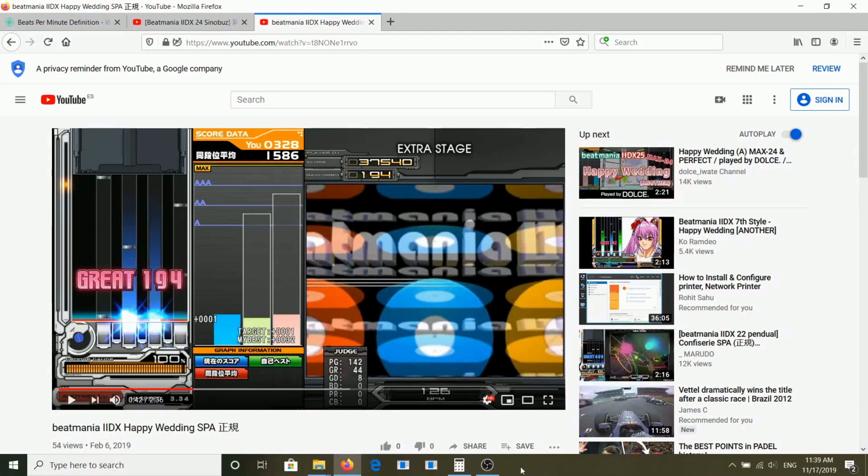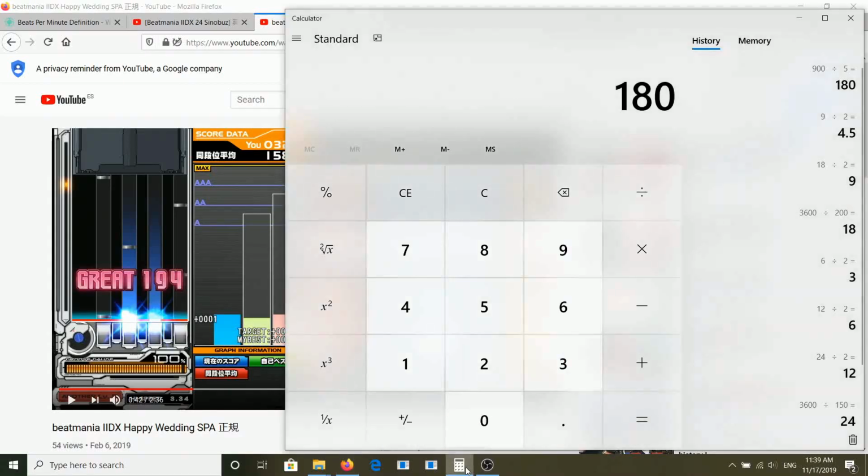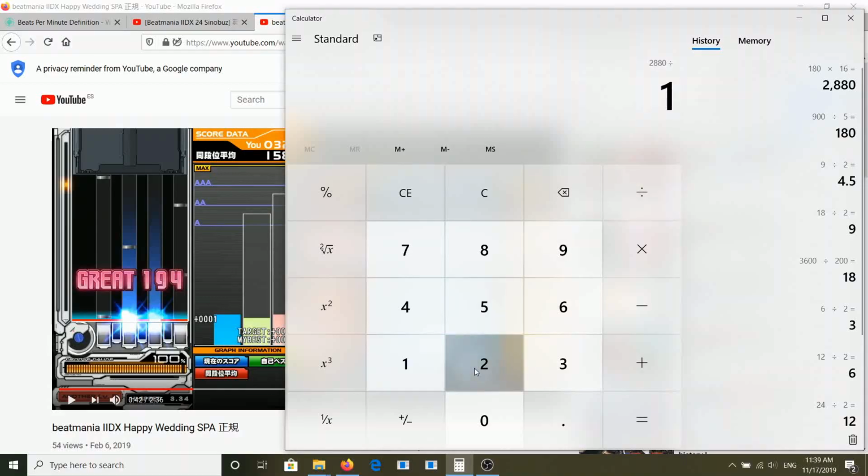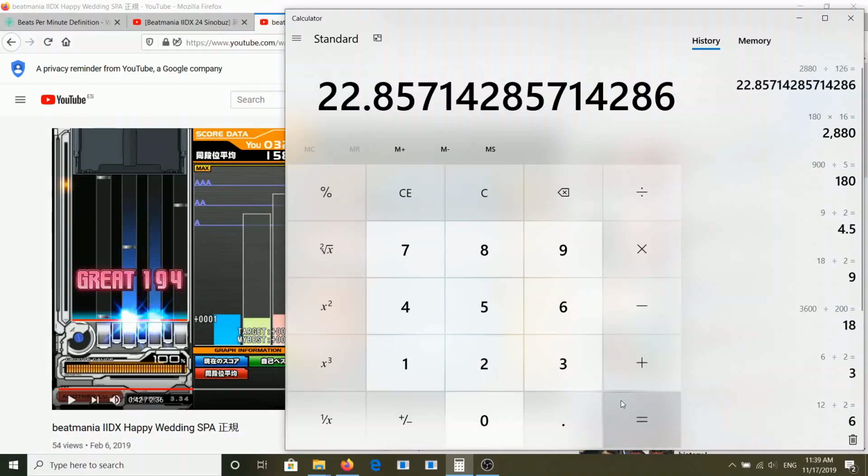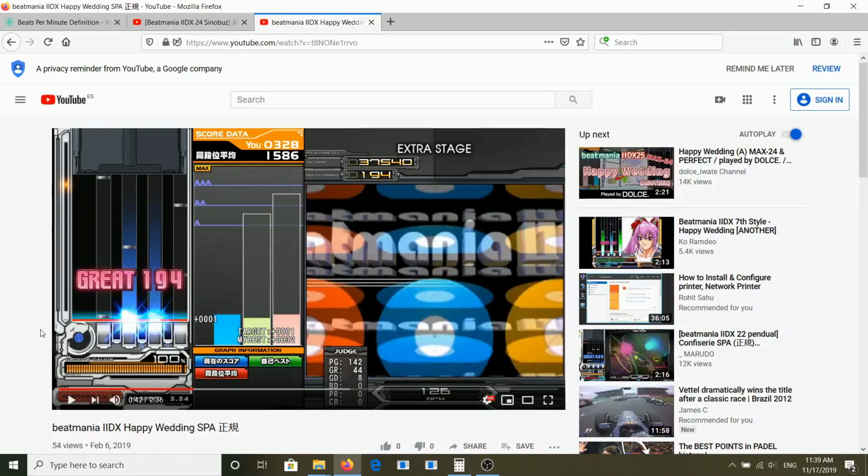And this is a 126 BPM song, so what is that exactly? So let's figure that out. So 180 times 16, we divide this by 126, and we get this mess. It's 22.85 notes. This doesn't look like any note quantization I know.